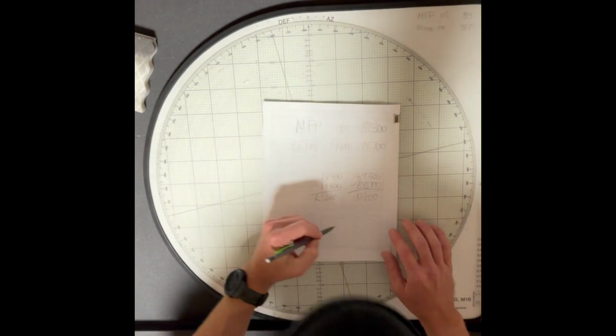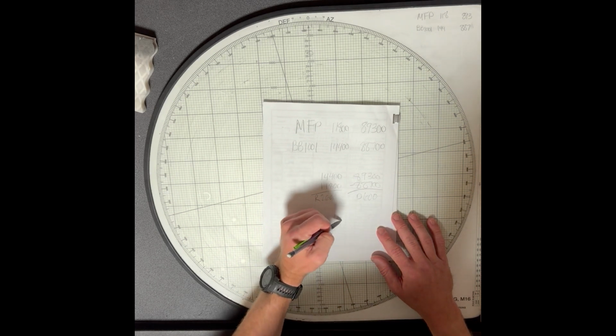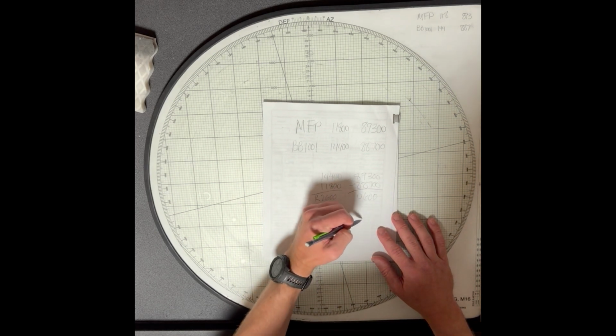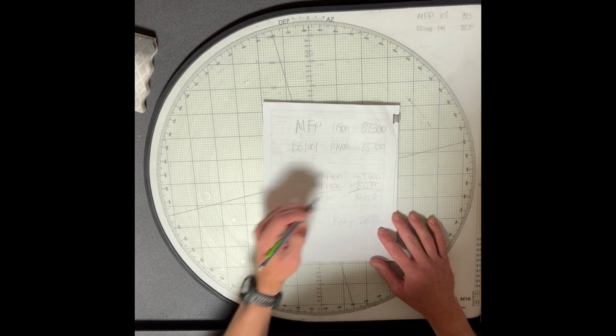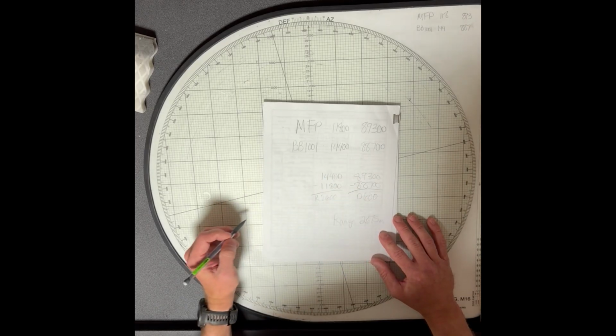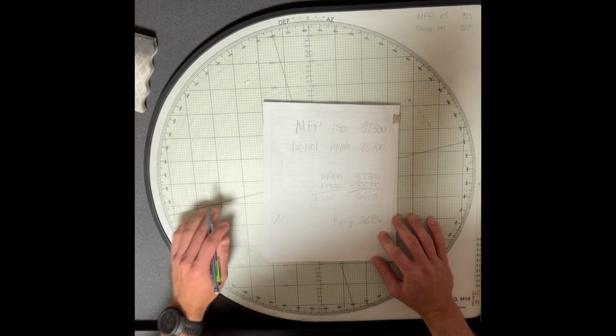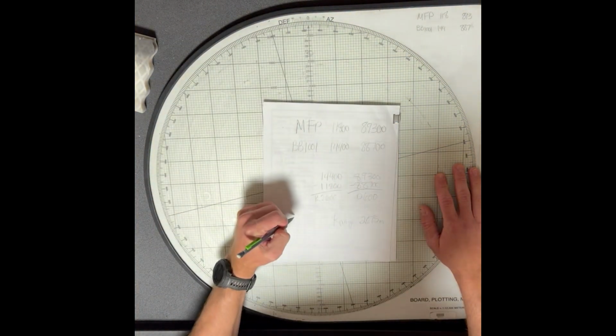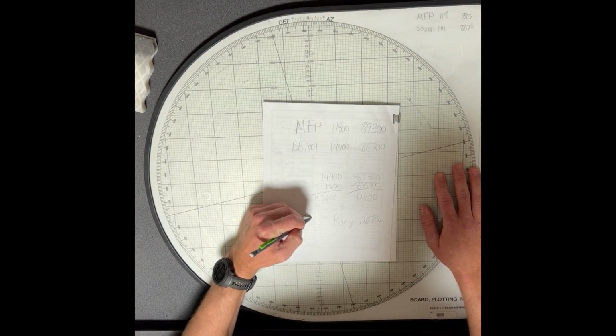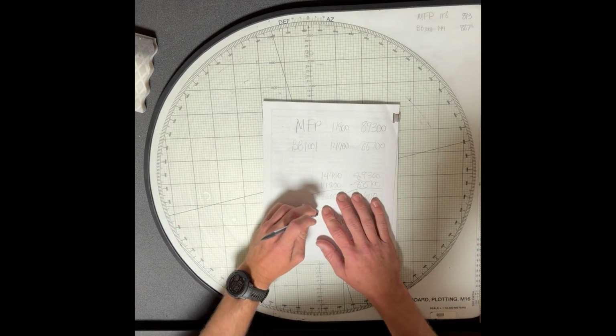In this case, the range I see is going to be 2675 meters. For our azimuth, what I'm seeing is 1830. Correction, 1830.